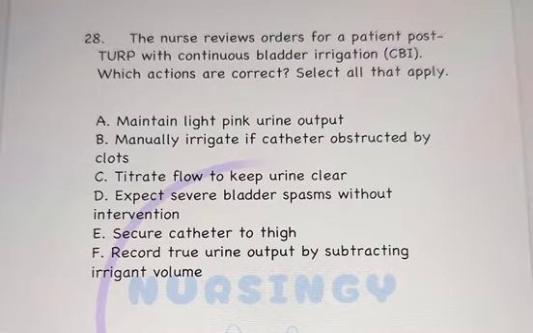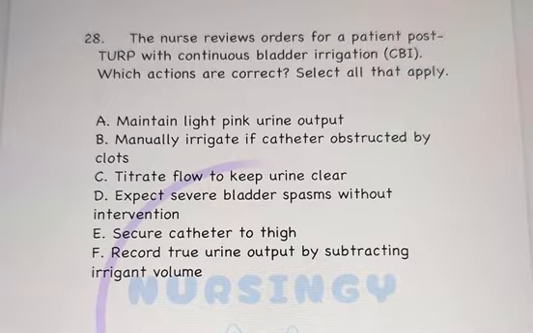Why do we need continuous bladder irrigation post TURP? TURP is transurethral resection of prostate. It is a very common surgical procedure. Sometimes when a patient has an enlarged prostate, they will cut a section of it to reduce the pressure on the urethra so the patient can urinate properly.